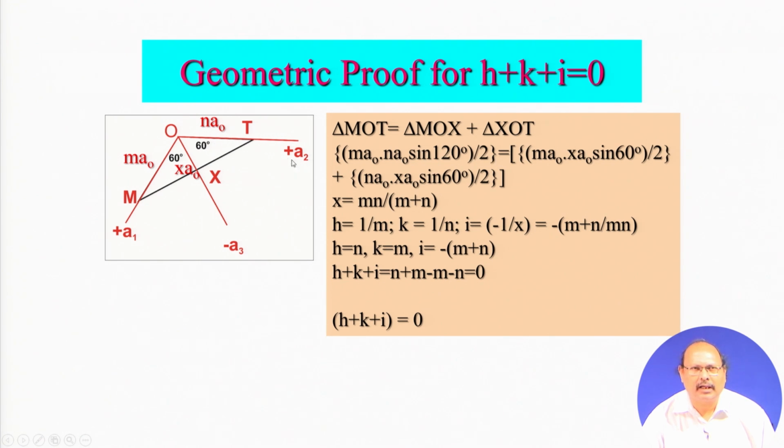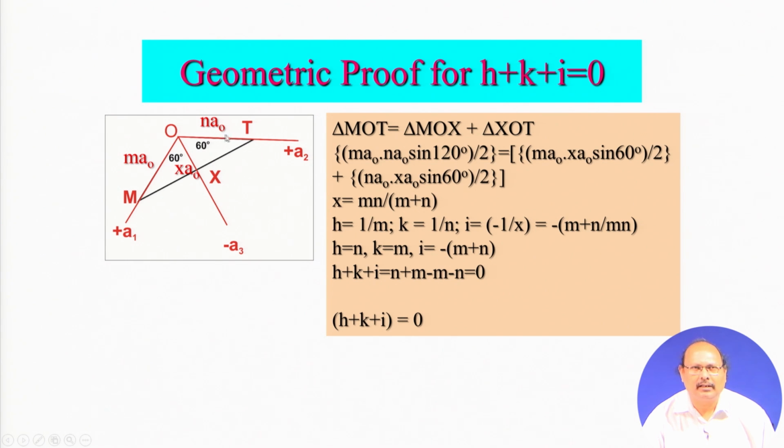This equals the area of this triangle OMX. So, this is half into MA0, that is this distance OM, and then we multiply this distance, that is OX. So, we have XA0 and this angle is 60 degree, so we write sine 60 degree, plus the area of this triangle OTX.